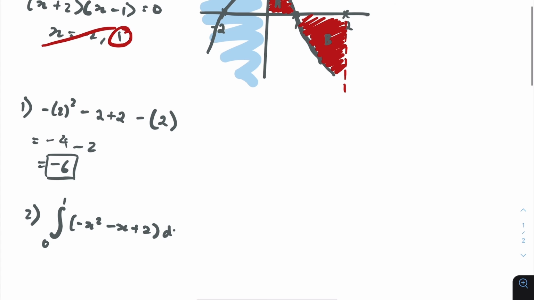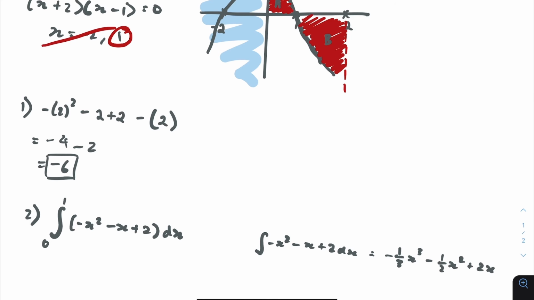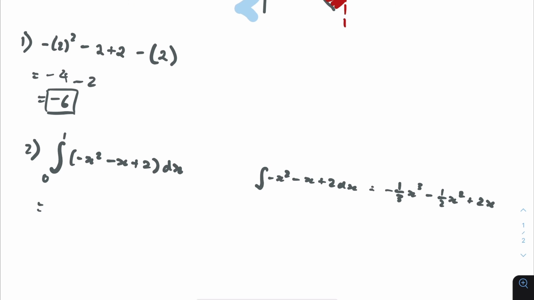And if we evaluate what the integral of negative x squared minus x plus 2 is, we get negative a third x cubed minus half x squared plus 2x.